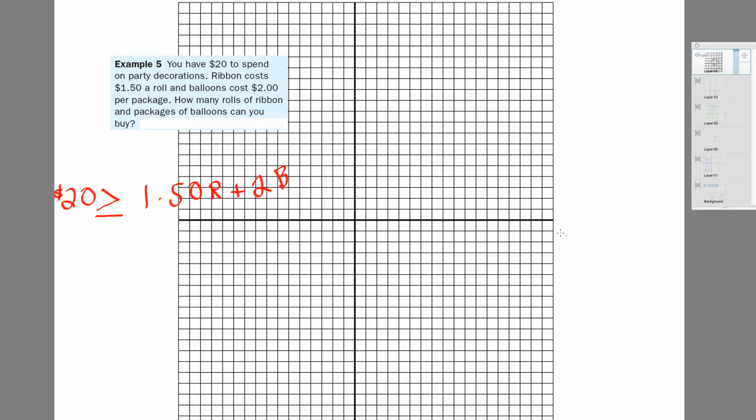And I wrote B second, I'm going to put that here. So that's my number of balloons. I'm going to make a t-table to help me graph this. It's going to be R and B. It's like Greek letters or something.